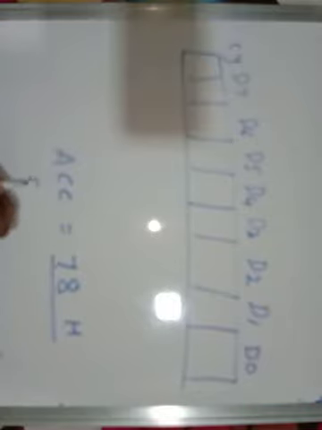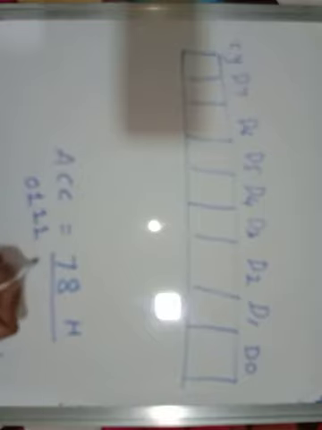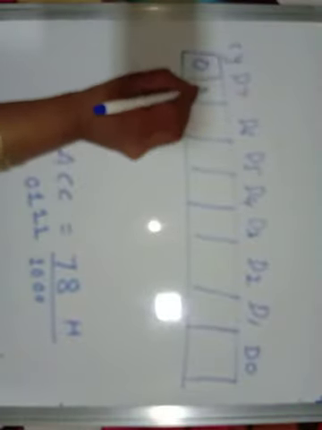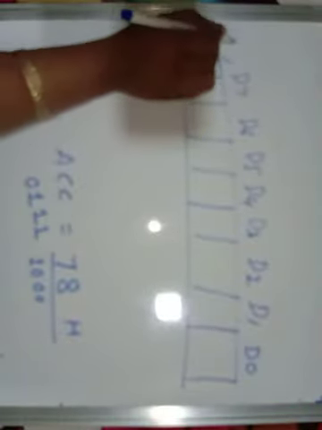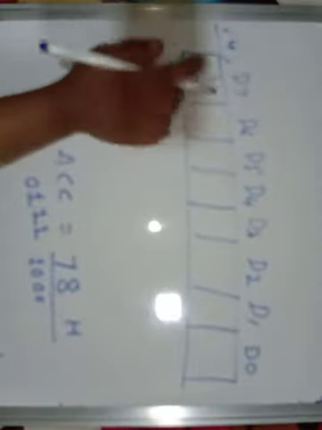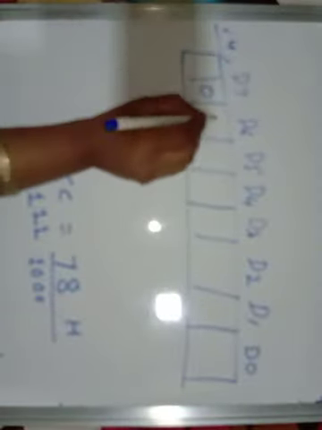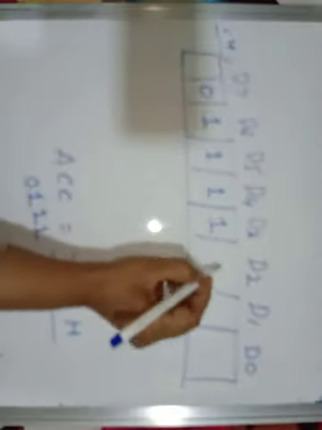It will come as 0111 and 8 is 1000. Put this content here, and the carry flag we will take here. So this is your accumulator content.